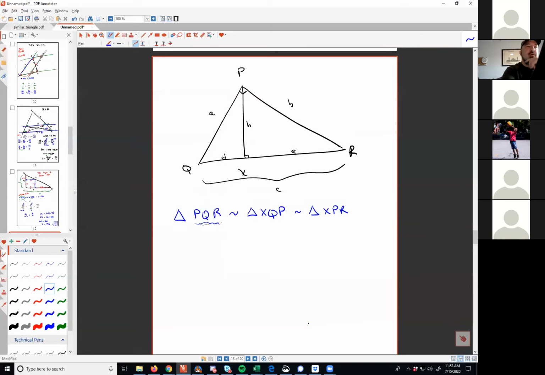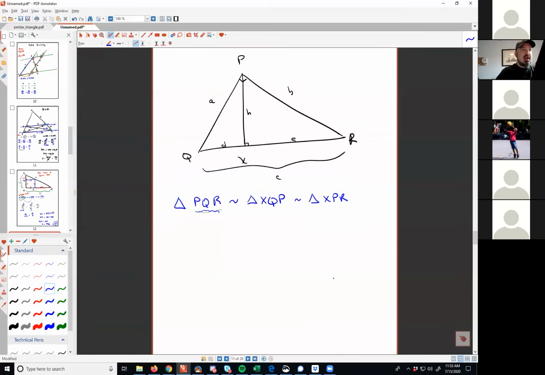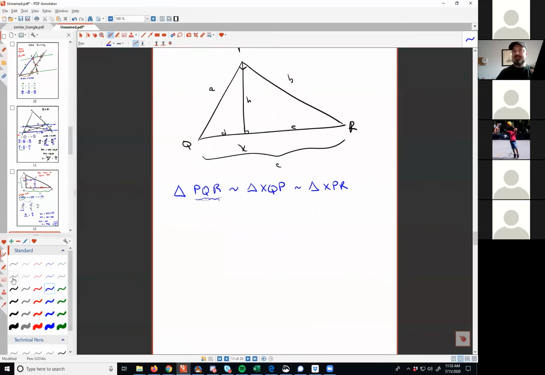Okay, so now we have these similar triangles. Let's write out all the information that we get. And this is going to be a big moment right here. Something is going to pop out of this that is momentous. So let's see.